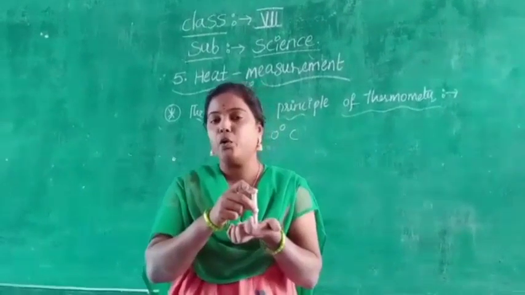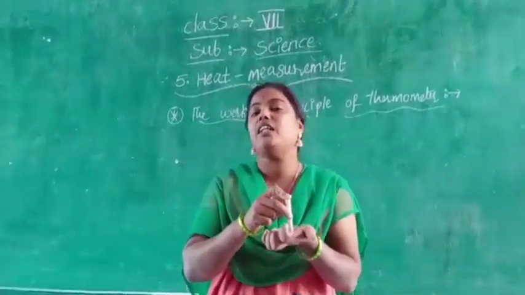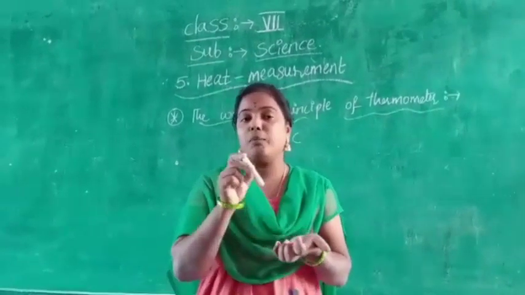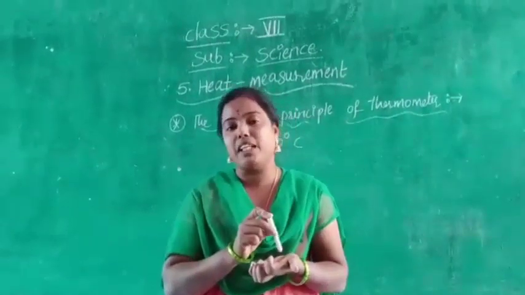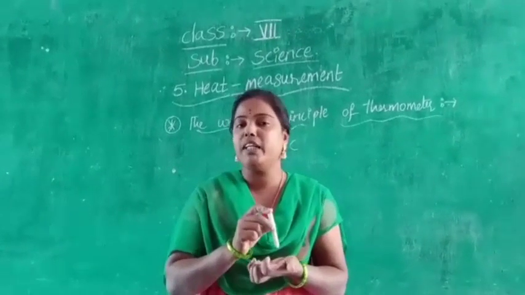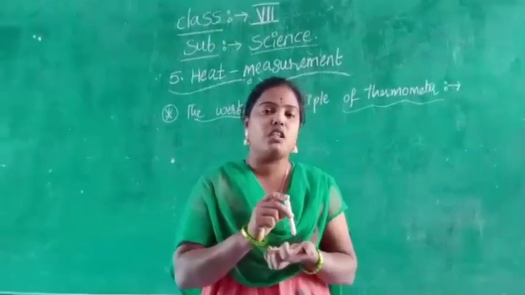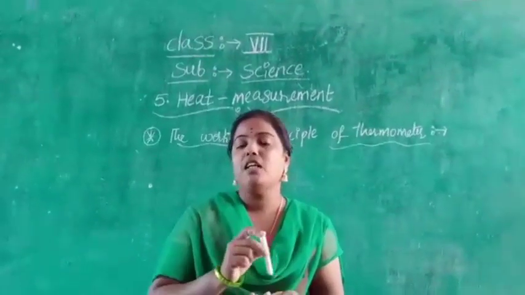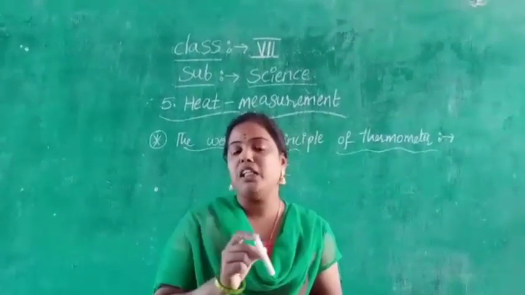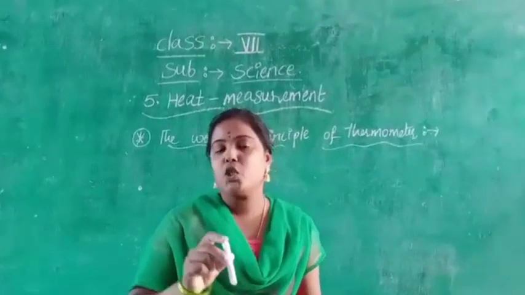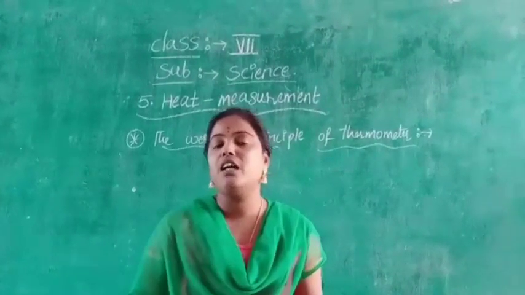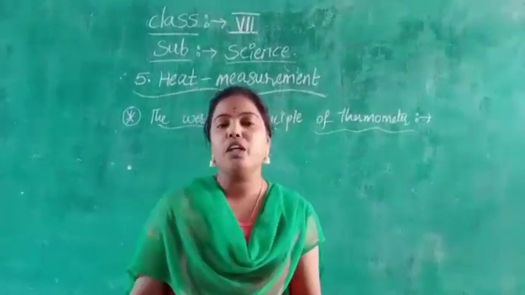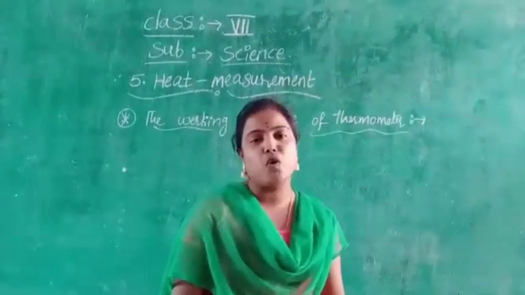It indicates that your body maintains some temperature. Due to this temperature, the mercury starts melting and shows some reading in the thermometer. Like this the mercury in the thermometer works.